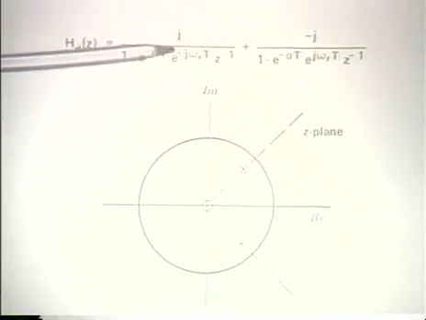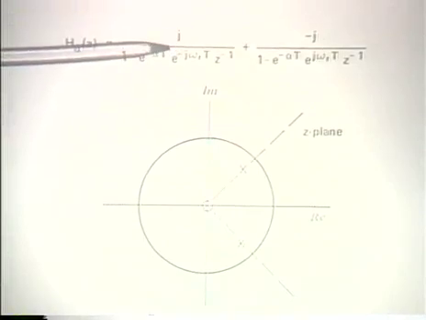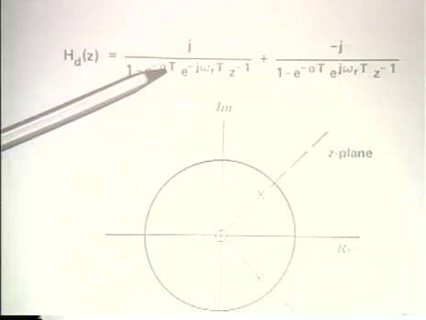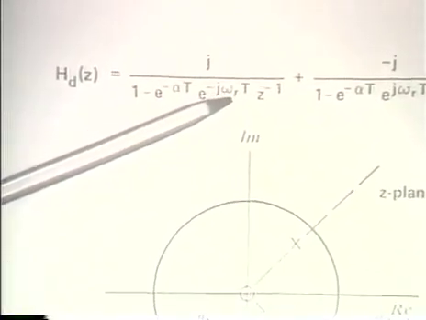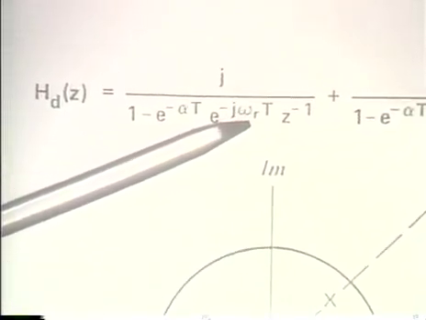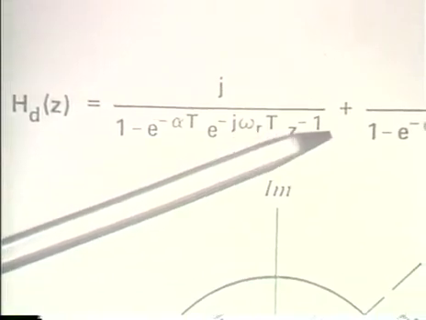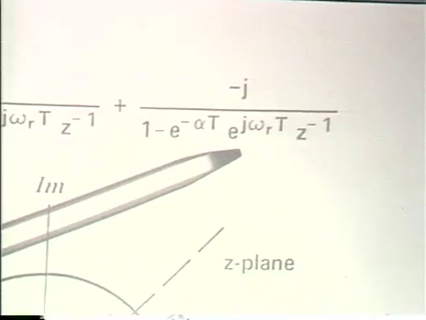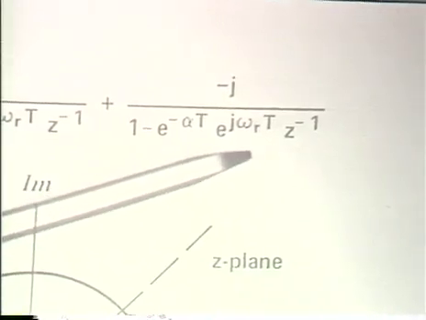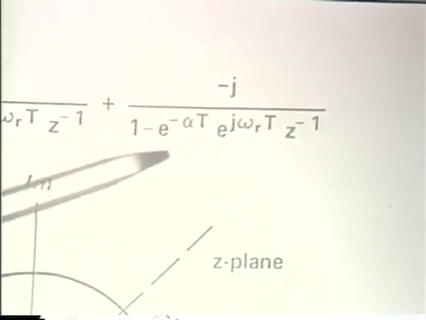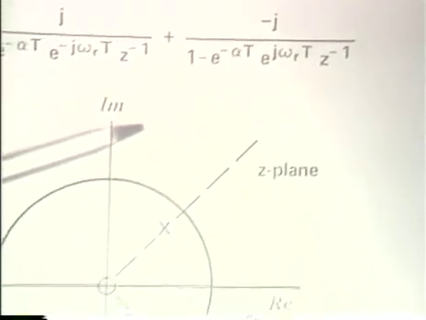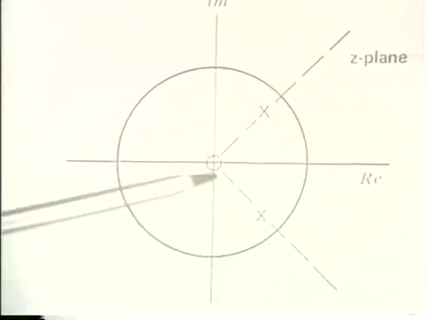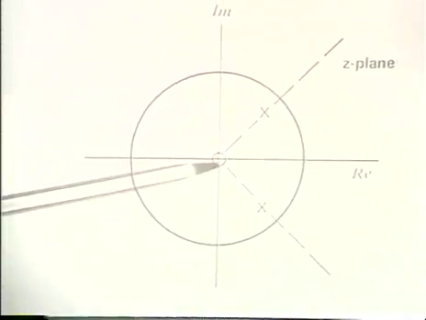And so the discrete time filter that we would end up with has a system function which I indicate here. And we have, as I said, preserved the residue, and the pole is now at e to the minus alpha T, e to the minus j omega sub r T. That's one term. And the other term in the sum has a pole at the complex conjugate location. If we were to add these two factors together, then what we would get is both poles and a 0 at the origin.